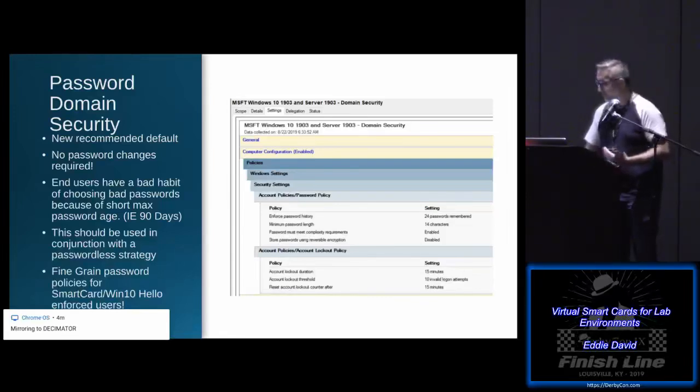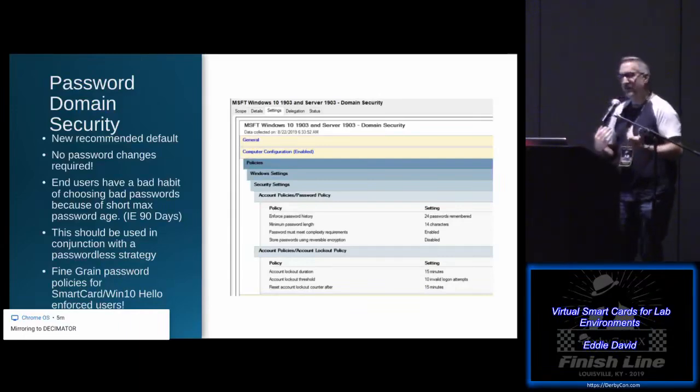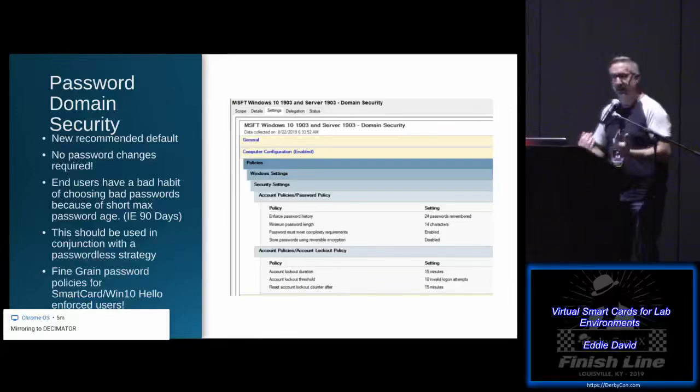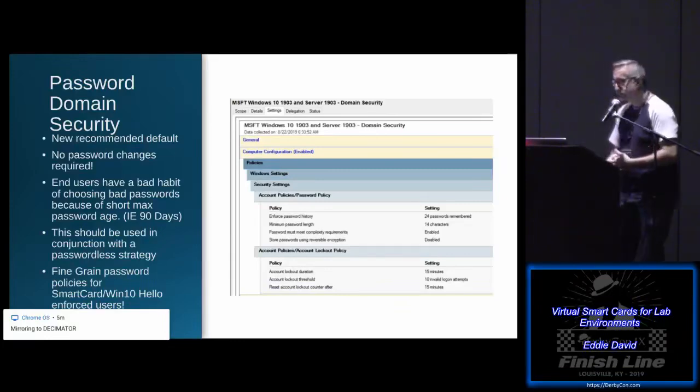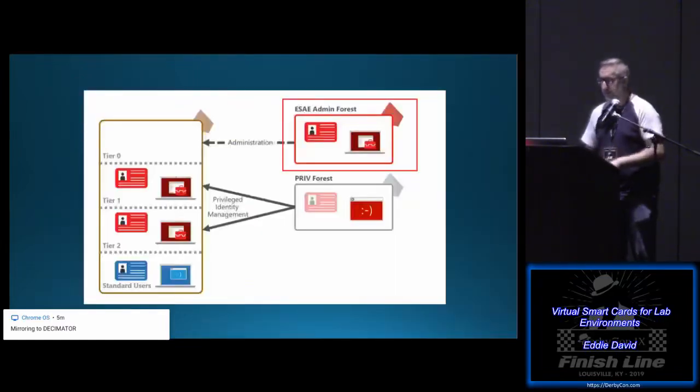A lot of people were used to changing passwords. And for me, when you set 30, 45, 90 days, some people have a really hard time picking secure passwords. So this is working in tandem with some of those new policy capabilities that Microsoft has come out with.